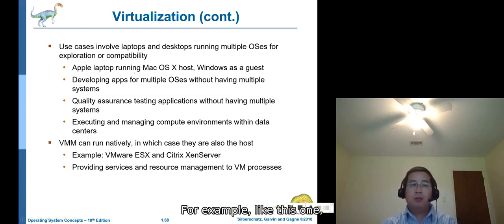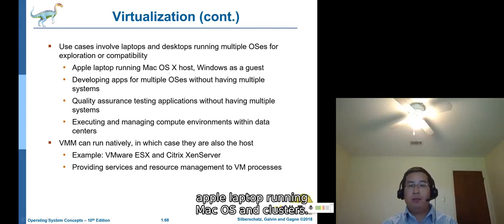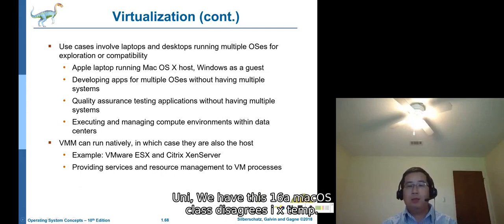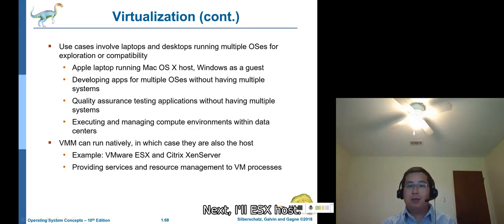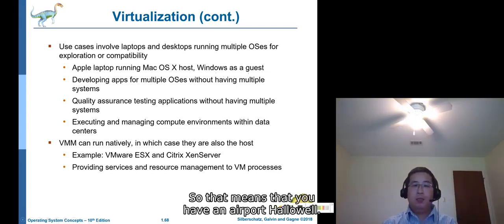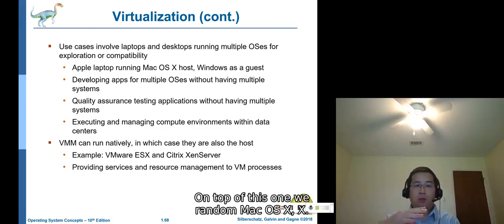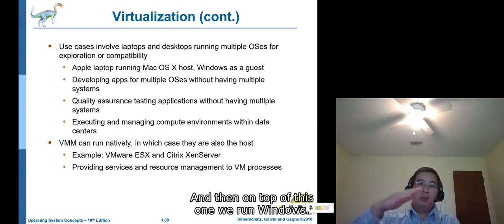For example, like this one, an Apple laptop running Mac OS. Usually we have this one, Mac OS X as the host, and then Windows as a guest. That means you have Apple hardware, on top of it we run Mac OS X 10, and on top of this we run Windows.